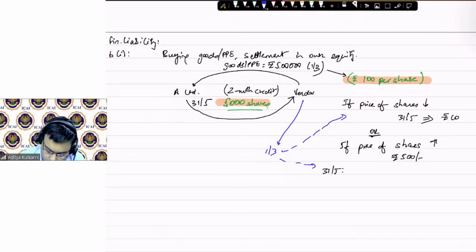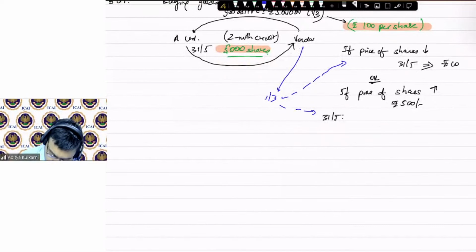So when the vendor is subjected to the risk, you tell me, this risk which he is subjected to, is it the risk that is there for a normal vendor, or is he subjected to the risk of an equity shareholder? I am asking about the nature of risk.